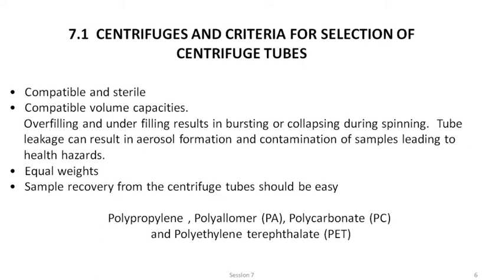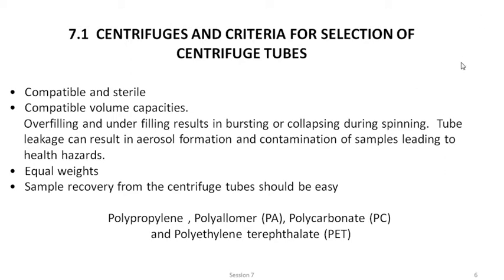First, centrifuges and criteria for selection of centrifuge tubes. This is very important whenever you carry out any centrifugation process. You're supposed to select those centrifuge tubes which will fit into your centrifuge machine. You may have manual or automatic centrifuge machines.